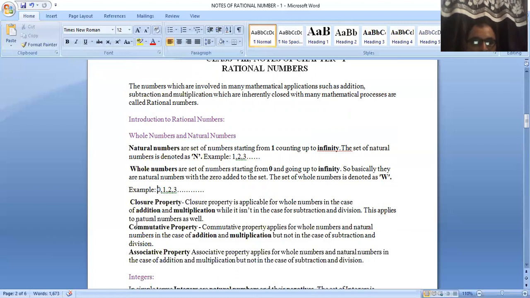This applies to natural numbers as well. Whole numbers are closed under addition and multiplication.